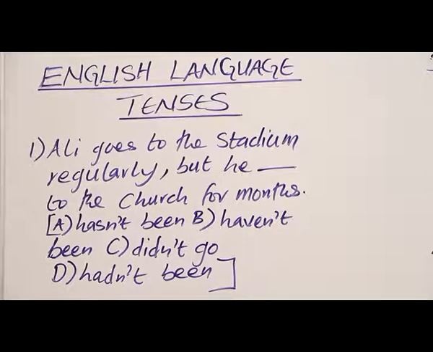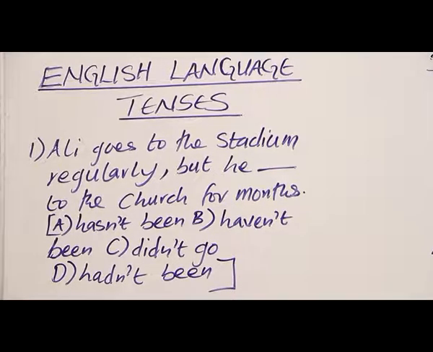Ali goes to the stadium regularly, but he haven't been to the church for months. Then C, didn't go. Ali goes to the stadium regularly, but he didn't go to the church for months. And then D, hadn't been. Ali goes to the stadium regularly, but he hadn't been to the church for months.